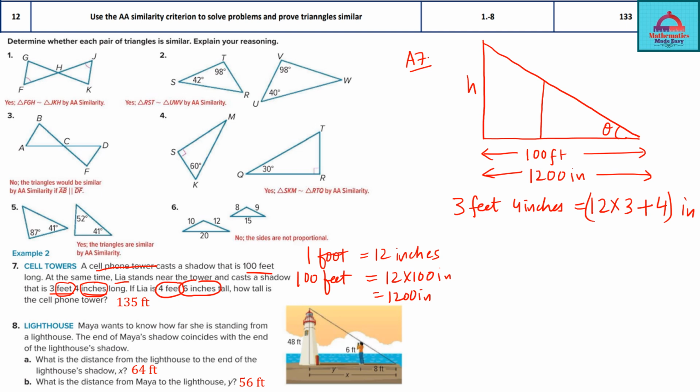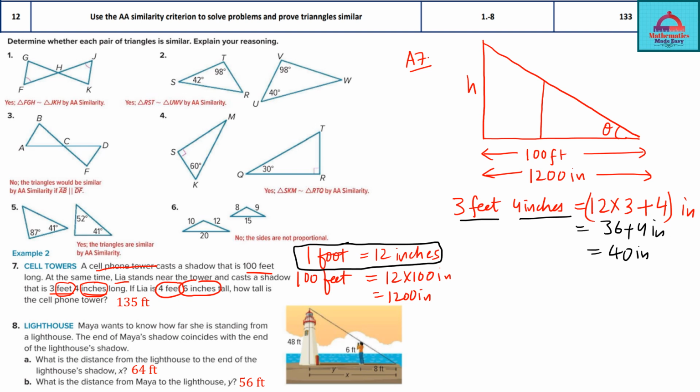So we have converted feet into inches using the conversion 1 foot is equal to 12 inches. Okay, I hope it is clear. So 1 foot is 12, so 3 feet is 12 multiplied by 3. This simplification gives you 36 plus 4 inches, that's going to be 40 inches. So 3 feet 4 inches is 40 inches. This was actually Leah stands near the tower and casts a shadow.